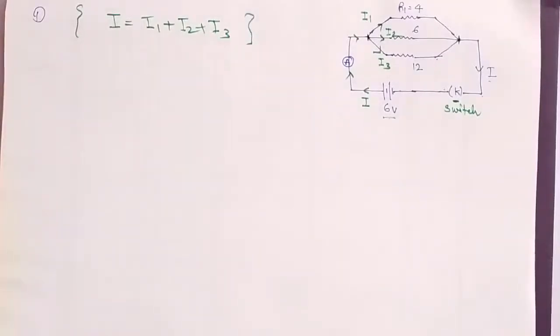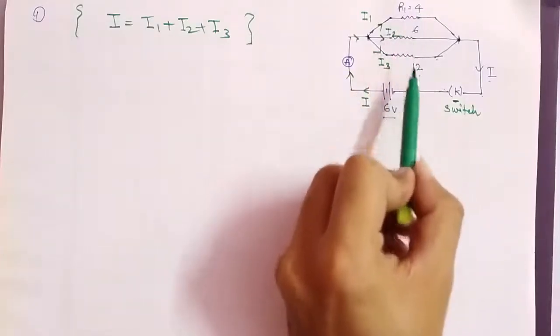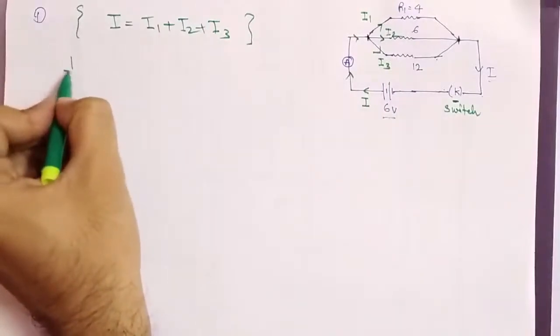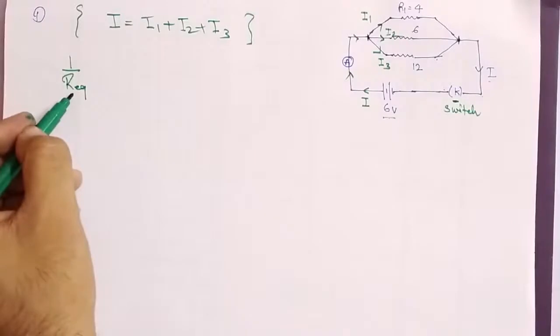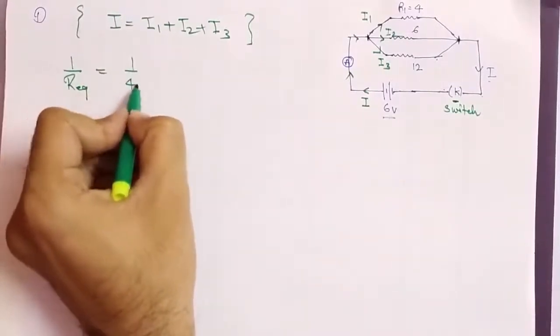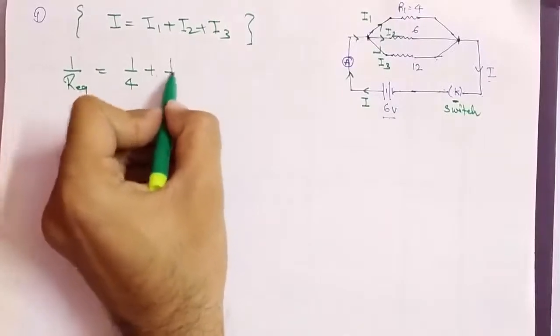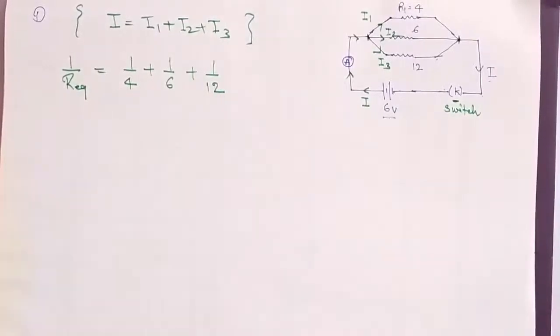Now we have to find the total current. We can see these three resistors are in parallel, so let's first calculate R equivalent, or the total resistance, for this parallel arrangement. We can write 1 upon R equivalent is 1 upon R1, that is 4, plus 1 upon R2, that is 6, plus 1 upon R3, that is 12.